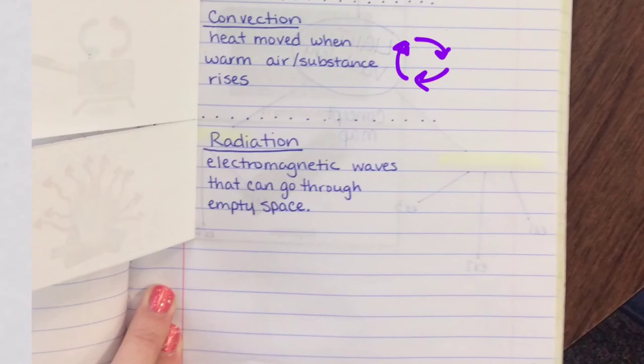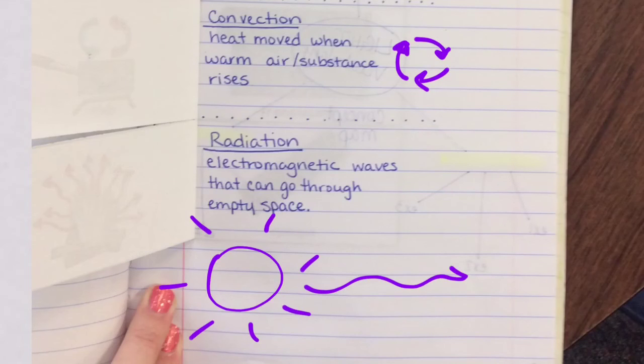But if you think about out in the solar system, our sun puts off a lot of electromagnetic and thermal energy. That thermal energy travels through empty space to get to Earth.